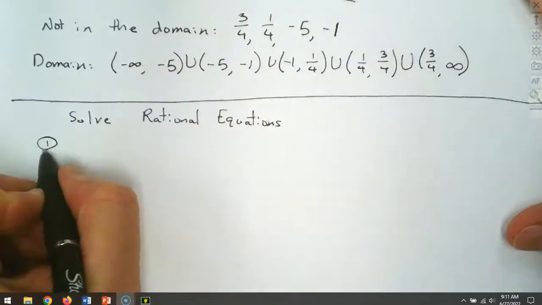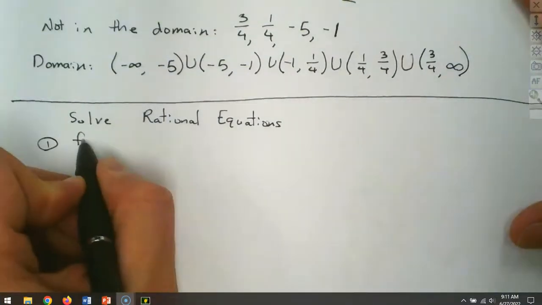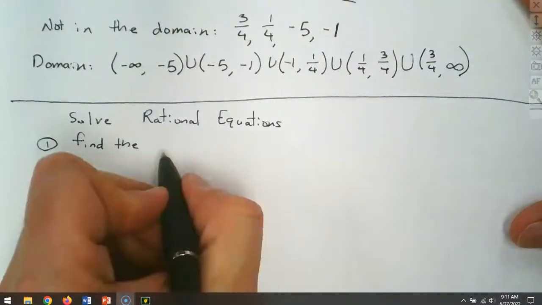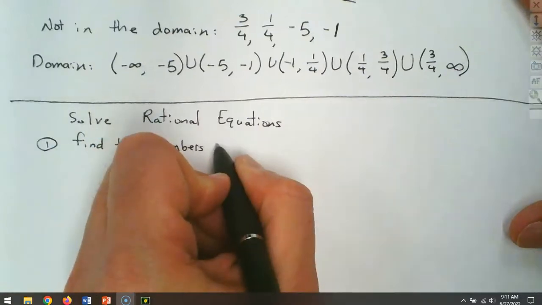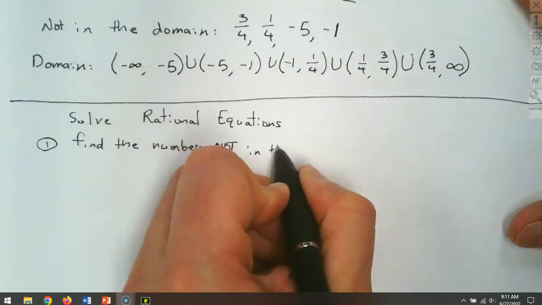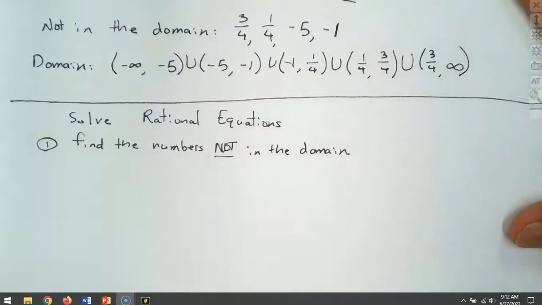And there's a step-by-step procedure. Step number 1 is you need to find the numbers not in the domain. So that's what we just did. These just really kind of build on themselves.